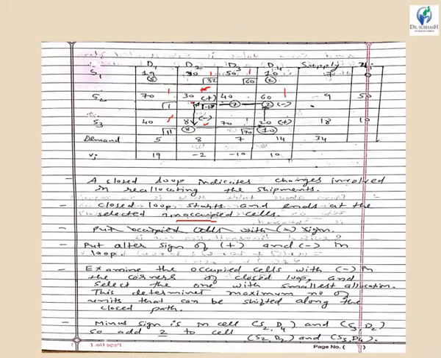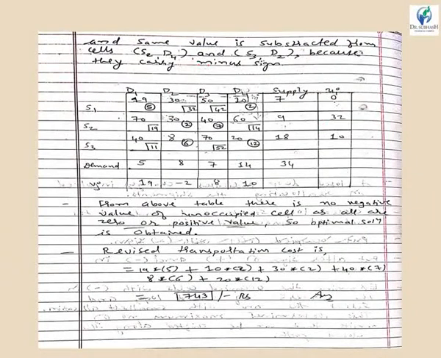Here you can see there is no allocation, but now after drawing the closed loop there is a reallocation of the units that will be done to the table. So wherever you see positive signs in the loop, this smallest allocation will be added, and wherever the sign is minus, this smallest allocation will be subtracted. So let us see that in our next table. The same value is subtracted from the cells S2 D4 and S3 D2 because they carry a minus sign.